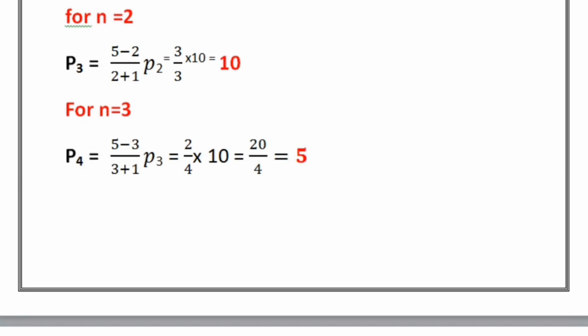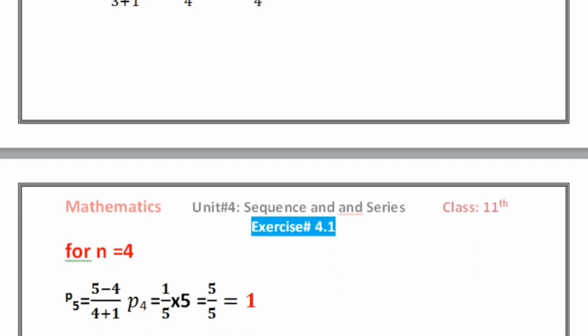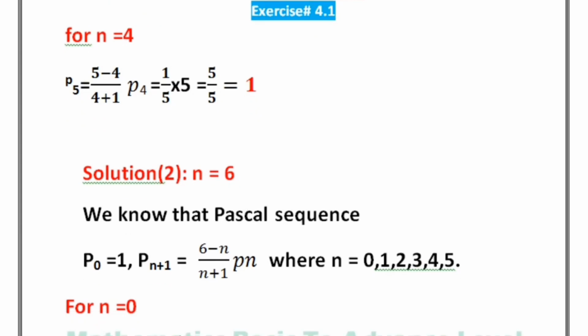The value of p4 is equal to 5. Next, for n is equal to 4, p5 is equal to (5 minus 4) divided by (4 plus 1) times p4, which is equal to 1 divided by 5 multiply 5, which is 5 1s are 5 divided by 5 is equal to 1. So p5 is equal to 1.